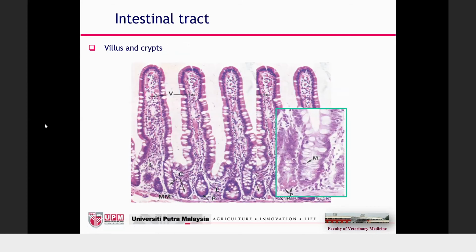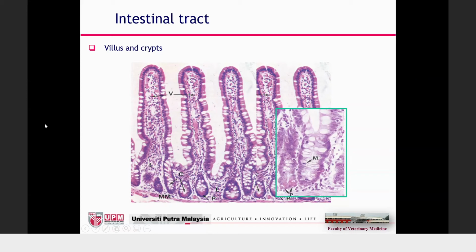Then when you choose a very nice cross section under histological examination, stained with hematoxylin and eosin, you can see a villus projection, very nice, with a single columnar epithelial lining, some brush border lining, going to the tip.